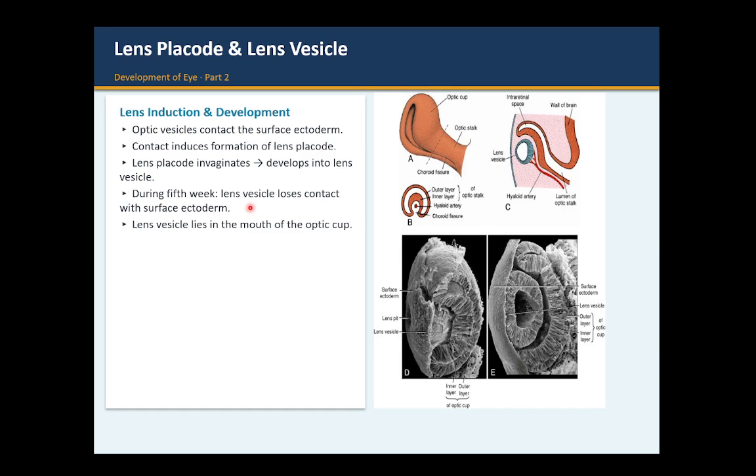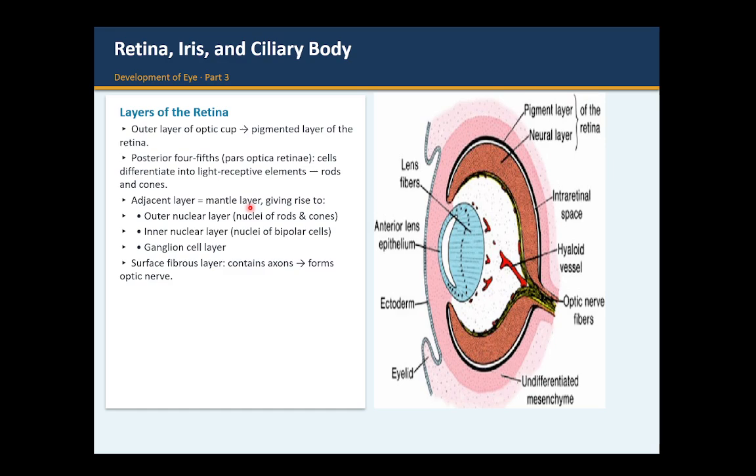The lens vesicle lies in the mouth of the optic cup, and the lips of the optic cup, when they fuse, are going to give rise to the pupil. So what is going to happen with the optic cup, because it has an outer layer and an inner layer? The outer layer of this optic cup is going to give rise to the pigment epithelium, and the inner layer, the posterior 4/5, is going to form the pars optica retina.